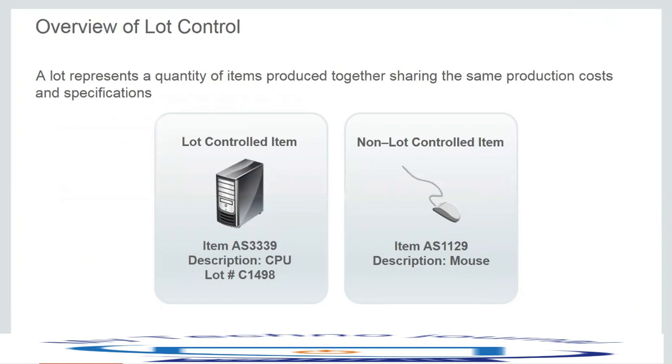A lot can represent a quantity of an item that shares the same specifications, one or more receipts from the same supplier, or whatever you choose. We can divide each lot into multiple child lots that reflect whatever characteristics you choose for items within the lot.